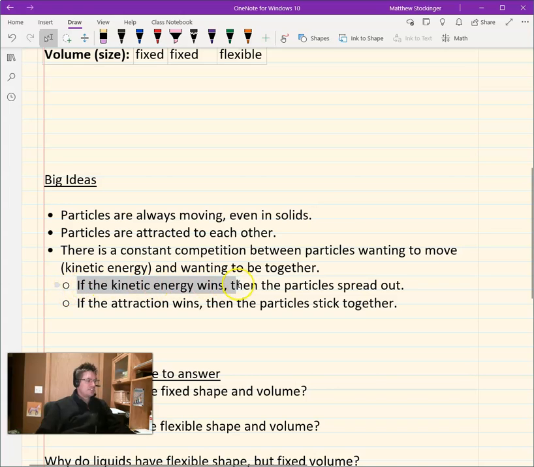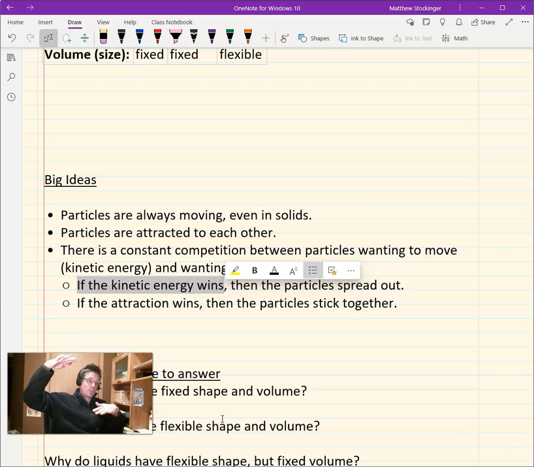If the kinetic energy wins, if there's way more kinetic energy than attraction between the particles, then the particles break free of each other and they can spread out. On the other hand, if they don't have much kinetic energy, but they do have a very strong attraction toward each other, then they're going to be stuck together, and those attractions are going to win.